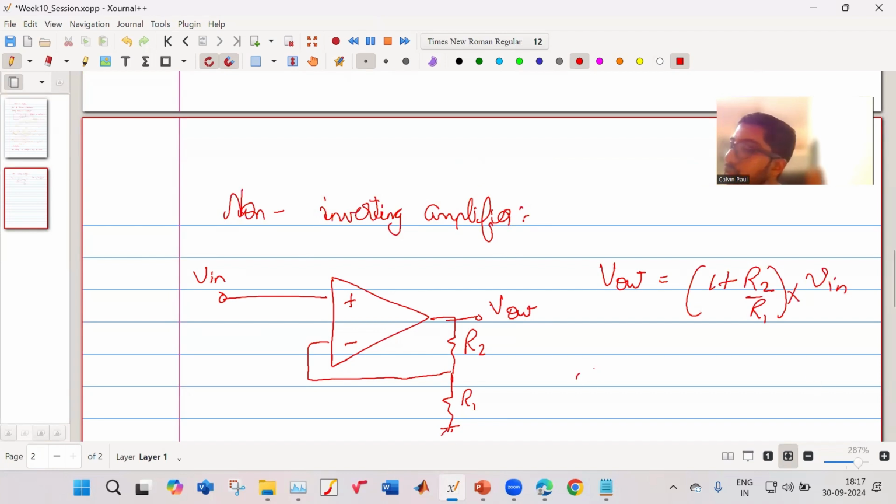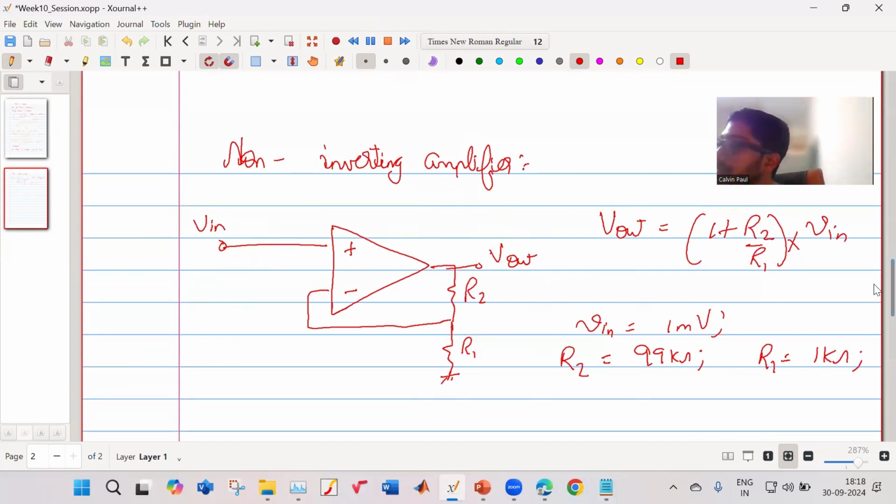So let us say my input voltage was 1 millivolt. And my R2 was 99 kilo ohm, and my R1 is 1 kilo ohm. Then what will be my V out? Can you tell me?